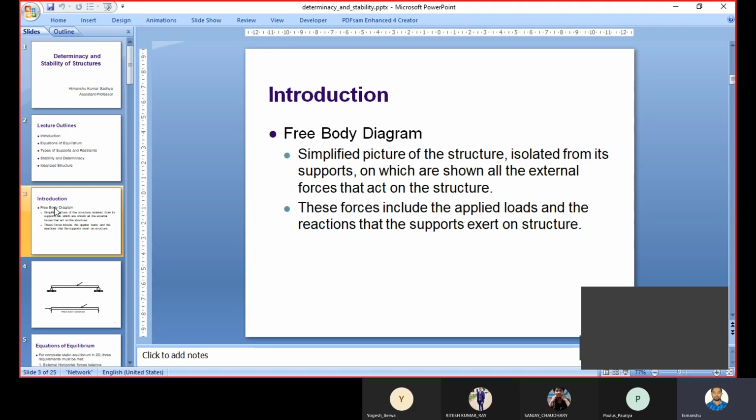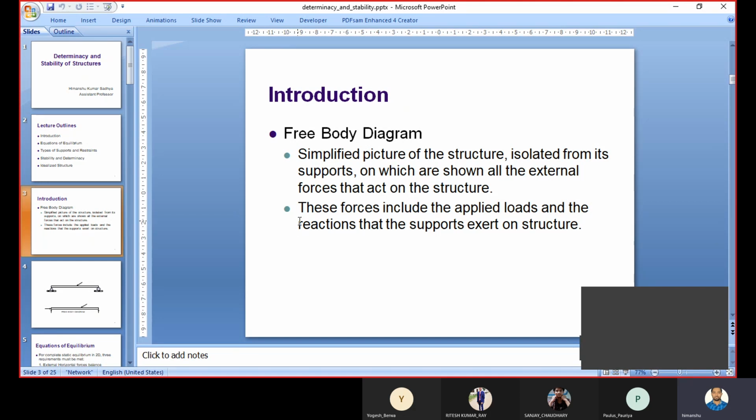First, we must know what a free body diagram is. A free body diagram is just a depiction, or you can say a simplified view, of our structure, which is isolated from its supports or other members for simplification purposes. Simply, it is a simplified picture of the structure isolated from its supports, on which are shown all the external forces that act on the structure.